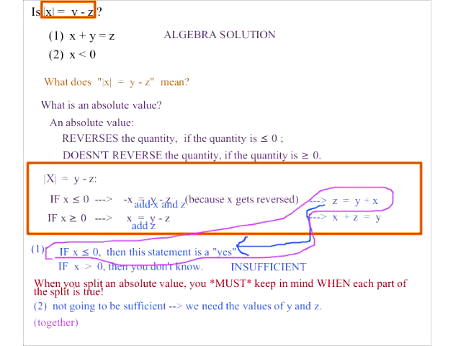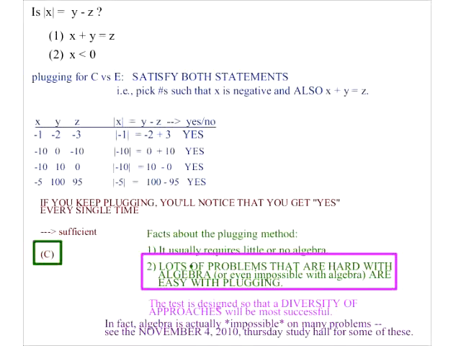Notice there's a bunch of things I want you to notice about this problem. The first is, of course, how to process these absolute values. You do have to know how to do this kind of thing. But it would be a mistake to focus all of your energies on just doing that, because what is just as important is learning to do this plugging.